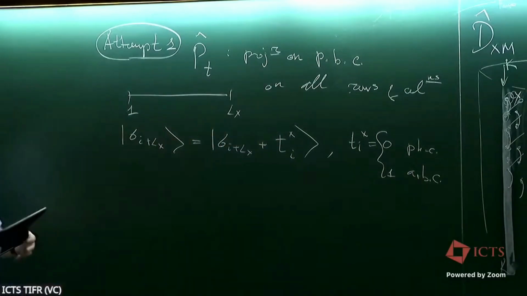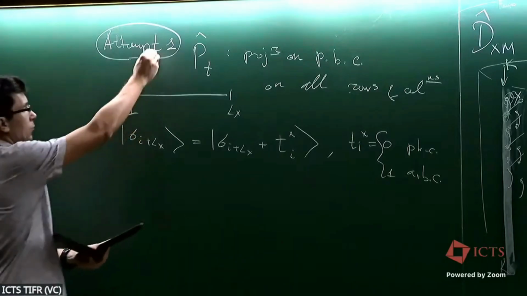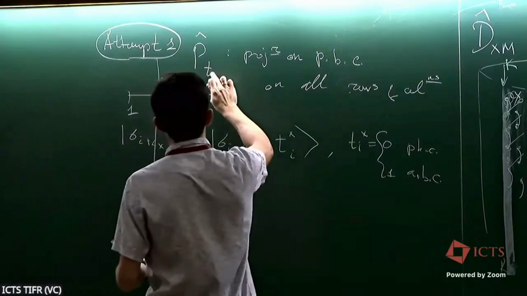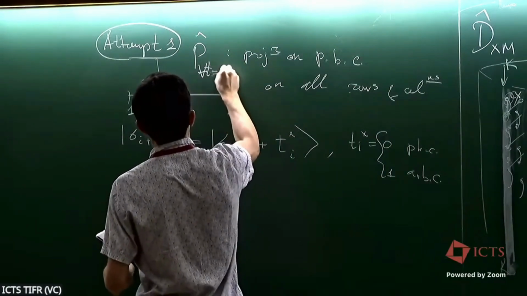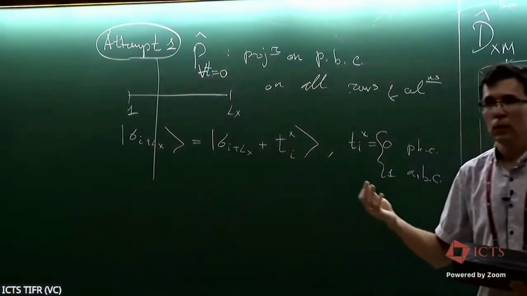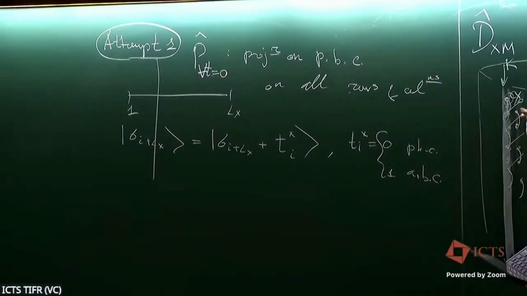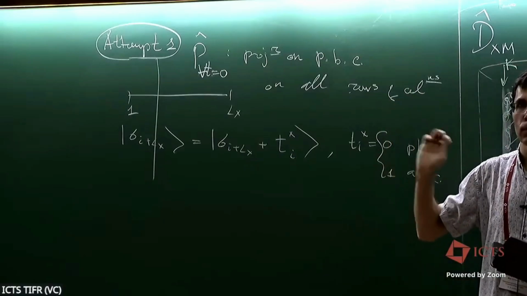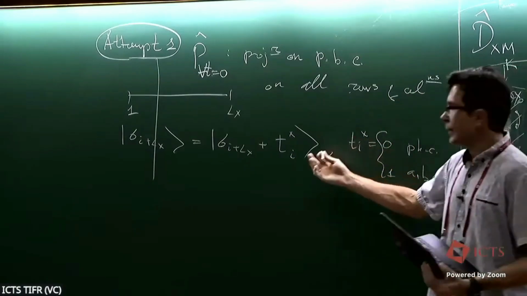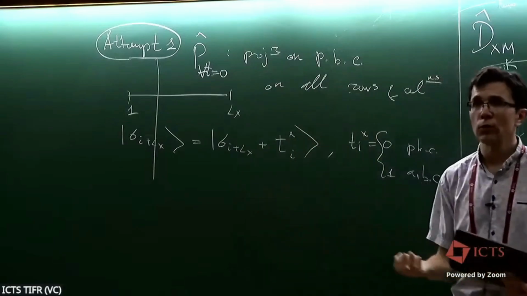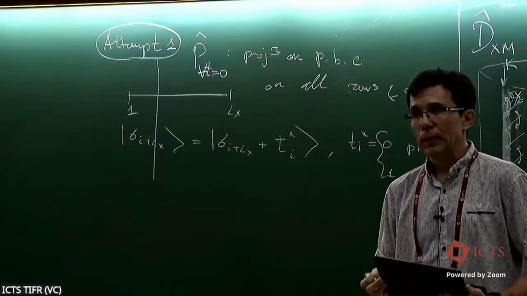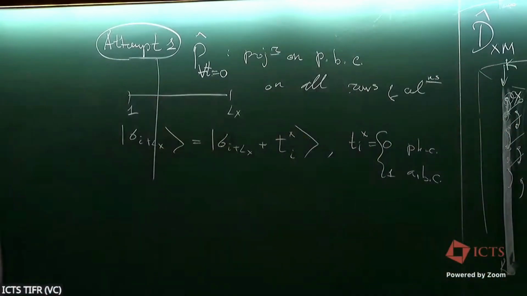So effectively, for each row and for each column, you could do the same. I would like to project on all the T's, so for all T's, I want them to be 0. In other words, if you give me a state that is, let's say, anti-periodic, I'm throwing it away. Now you can see that this result would, of course, be non-invertible because the kernel of the operator is non-trivial. Now there's a problem with this, and that's the reason why I called it attempt number 1.